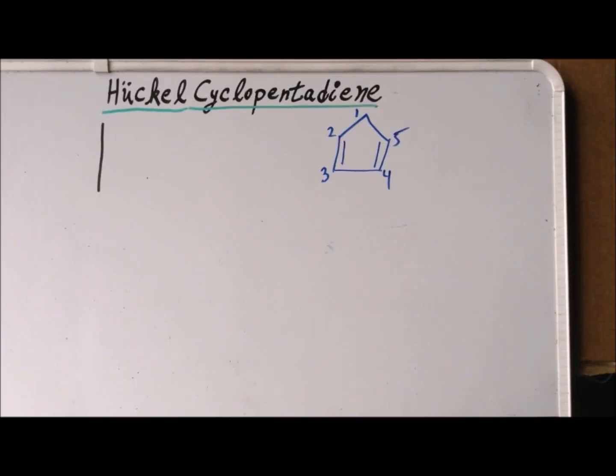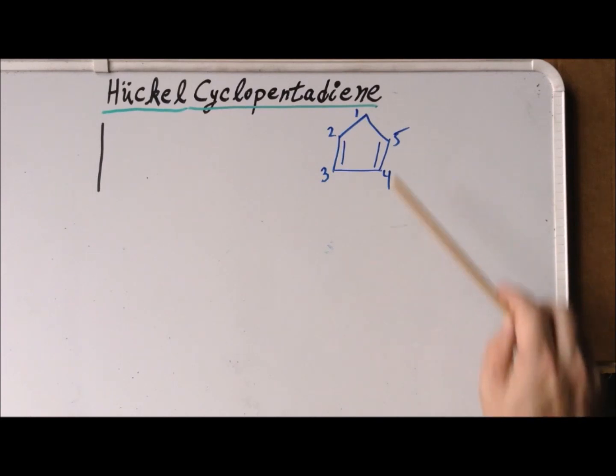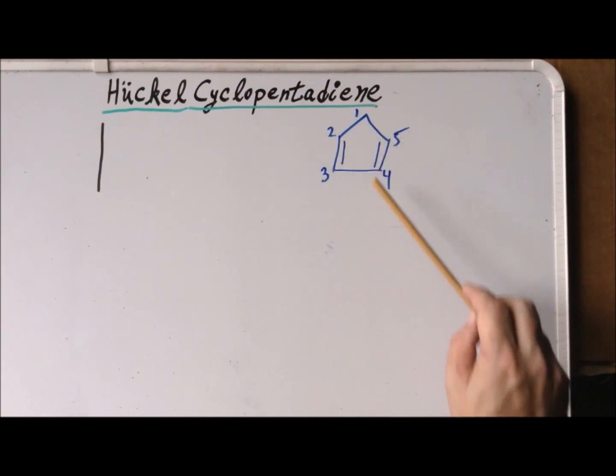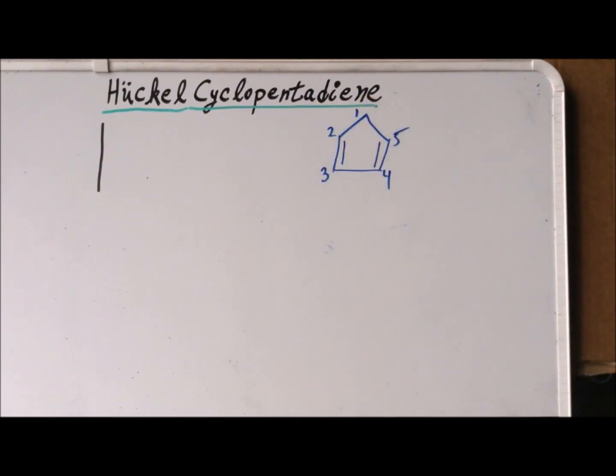Hello. In this video, we are going to calculate the energies of the pi-conjugated system in cyclopentadiene using the Hückel method. Recall that cyclopentadiene is a 5-membered cyclic system.